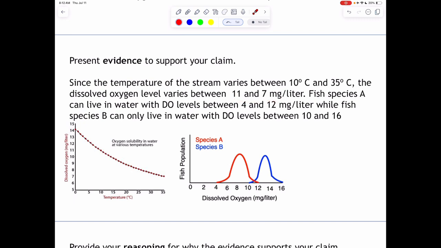So fish species A can live in water with DO levels between 4 and 12, which we discovered here. And fish species B can live in DO levels between 10 and 16, and these temperatures create DO between 11 and 7. So it's all about using this data to answer your claim.